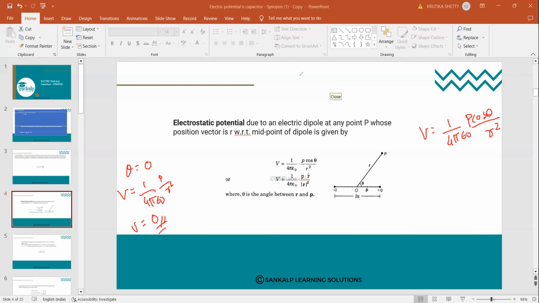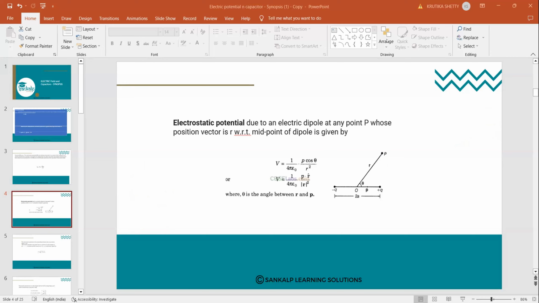Did you understand? We are not calculating separate cases for arbitrary points because we can substitute the theta values and calculate for the equatorial line and the axial line. So this is how we calculated the electrostatic potential due to a dipole.